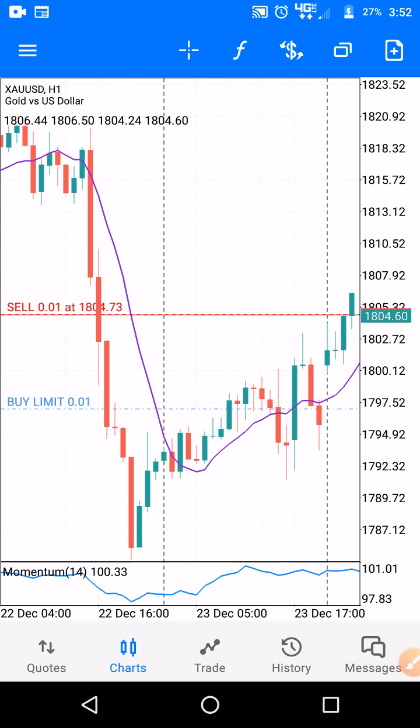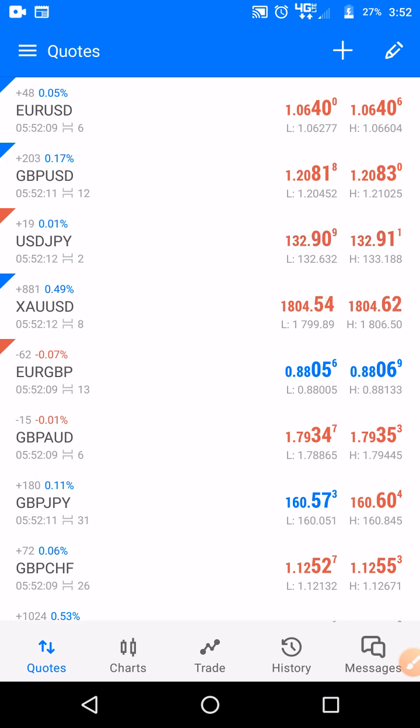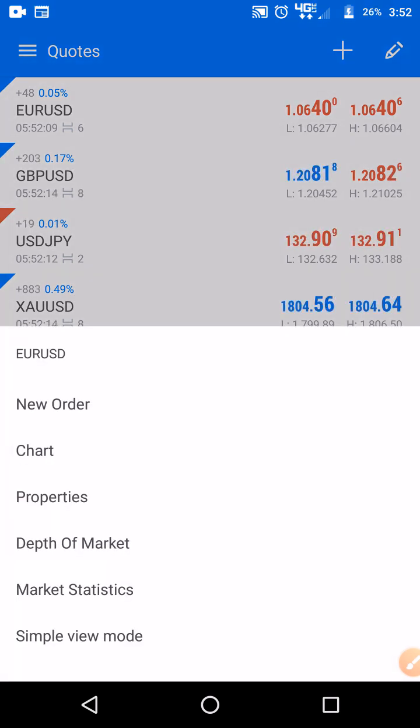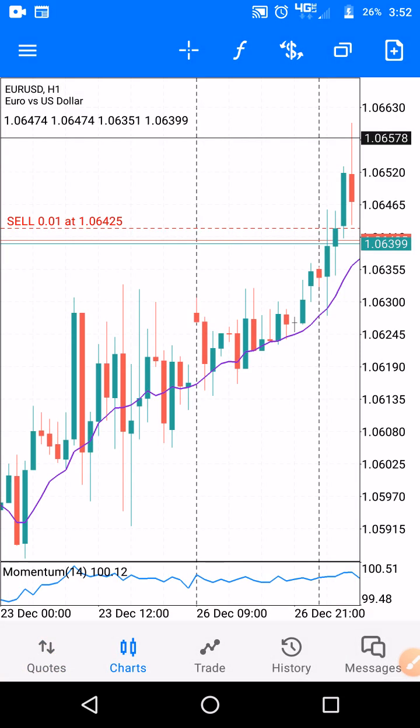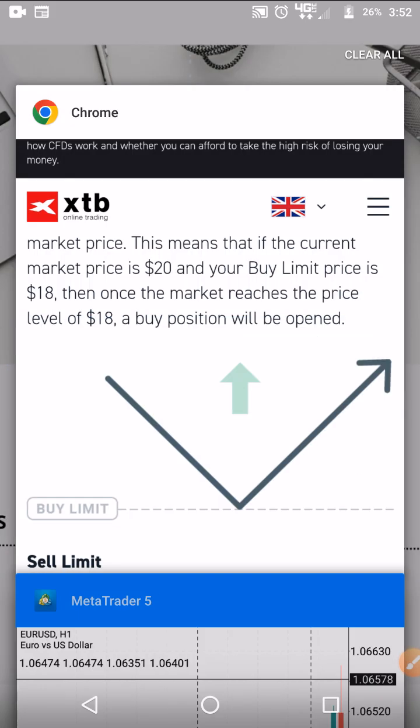So for instance, let me change, let me see this one. So with this one I can go at a sell limit, let's see the definition here.